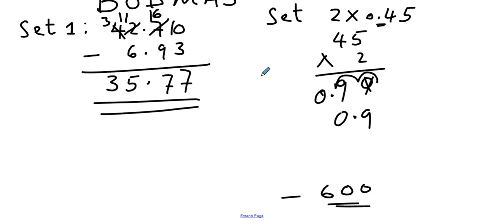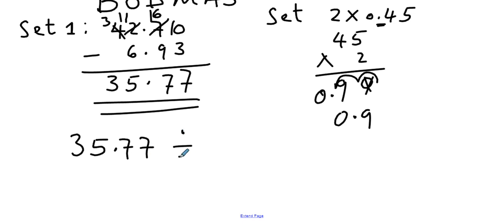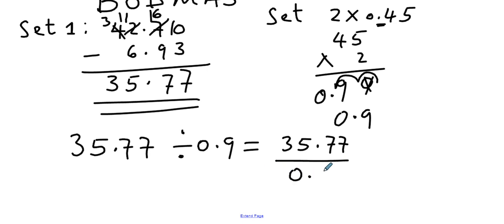So we do 35.77 divided by 0.9. Remember what we said? Set this as a fraction, 35.77 divided by 0.9. In the numerator, you have more decimal places, that is 2 decimal places.